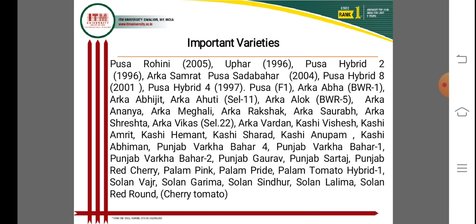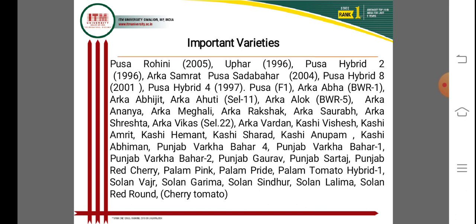And Punjab Satraj, Punjab Red Cherry, a small tomato with red cherry-like small fruits. And Palam Pink with pink fruits, Palam Pride. Palam series varieties were released from the Palam Agricultural University, Palampur, Himachal Pradesh.